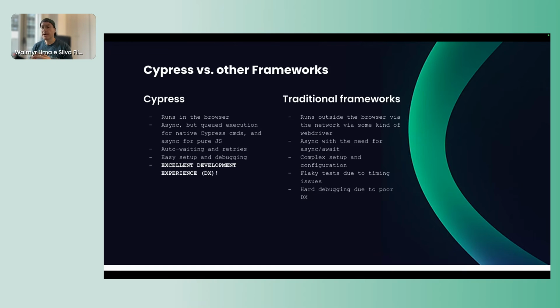Cypress automatically waits for the application to be in the correct state so you can start interacting with it. And if things take long to render, Cypress has what they call a retriability mechanism that, instead of failing a test immediately when it doesn't find an element, will retry until it finds it or until it times out. So this is a very important difference that other frameworks, at least the old frameworks, don't have.